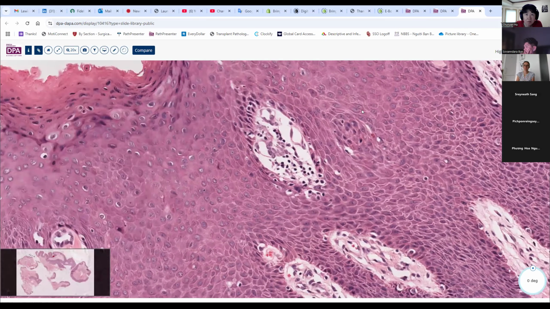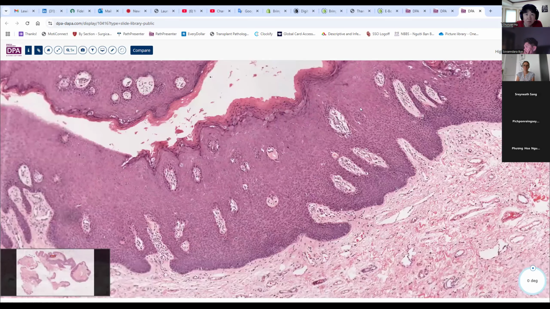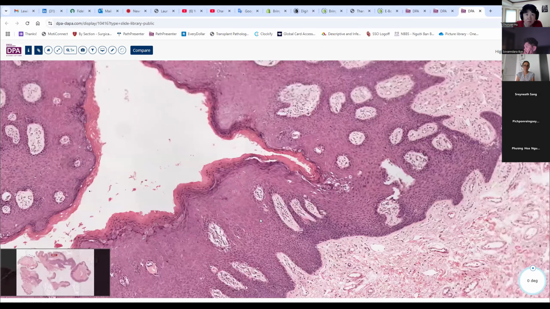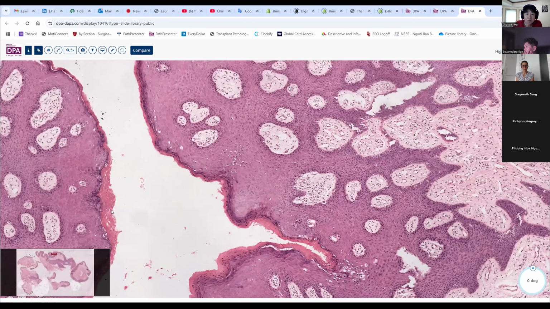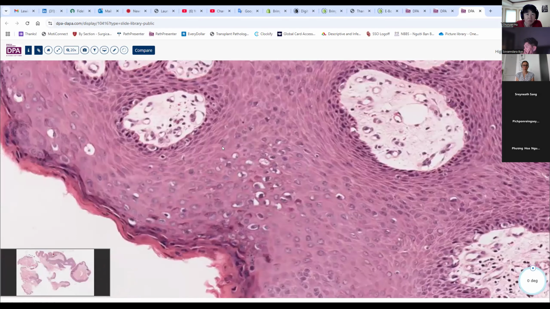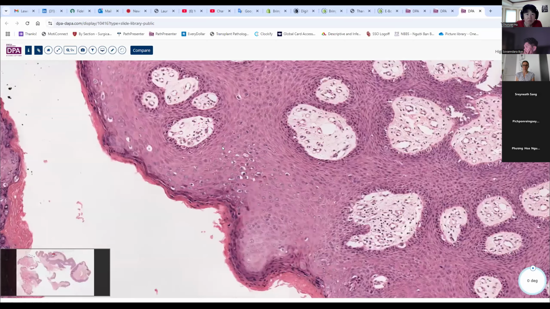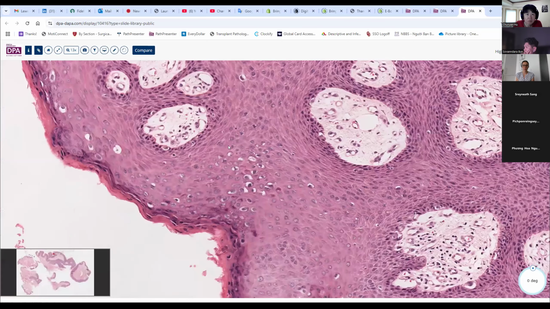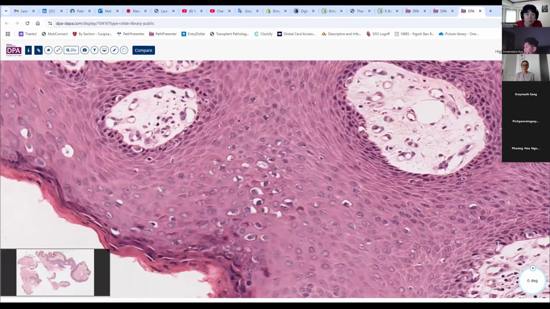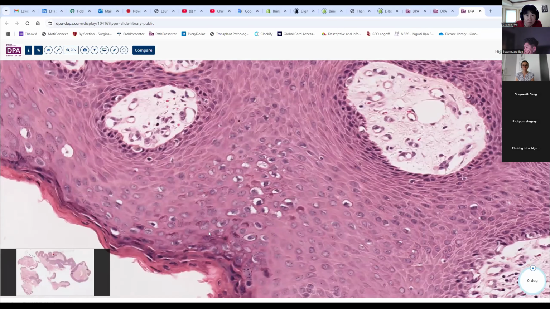I don't have my good mouse, so I'm having a little trouble moving things here very well. What other dysplastic features do you see here? Like right here. Mm. Loss of intracellular bridge.